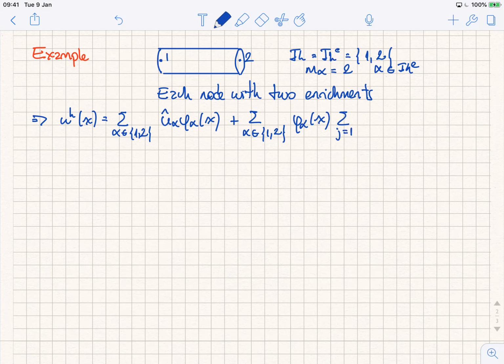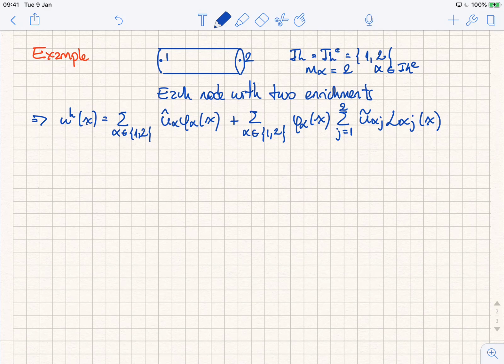And then my j is going to go from 1 to 2 because m alpha is equal to 2, and we have our other notation for the enriched degrees of freedom using a tilde. Okay, so that's it.